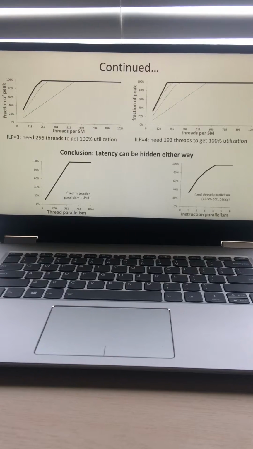So we can say that we can hide the latency either by thread parallelism, which in this case is 576 with ILP 0, or we can hide it by introducing instruction parallelism, which, when we keep the occupancy at 12.5%, comes at an ILP value equal to 4.